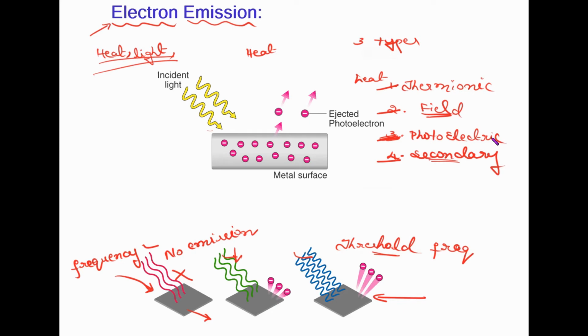Photoelectric emission means the process of emission of electrons from a metal surface when radiation or light of suitable high frequency is incident on the metal surface. Secondary emission means the process of emission of electrons from a metal surface by the bombardment of fast moving electrons.